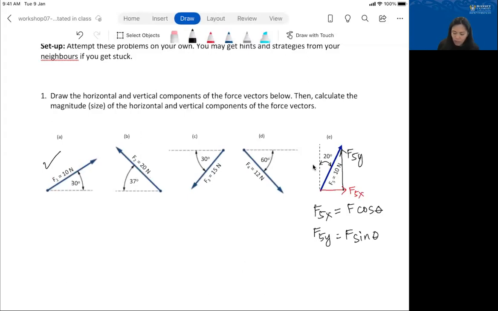That means we need to know this angle here relative to the x-axis. We are given the angle between the vertical component and the diagonal vector, but we know this is 90 degrees. So to get the angle theta, that's 90 minus 20 degrees.